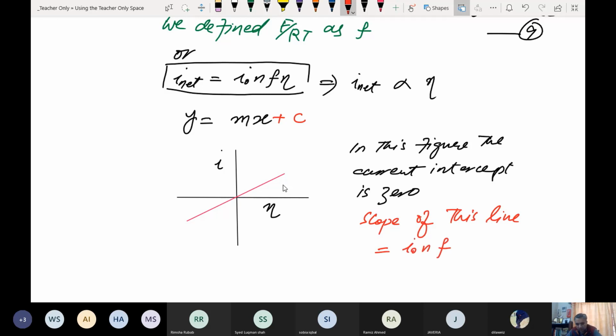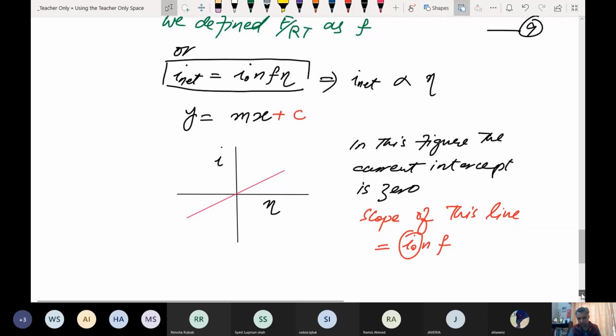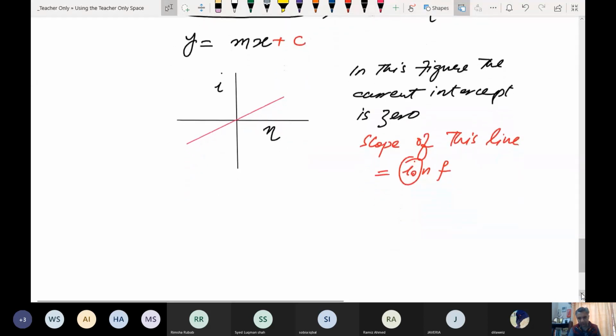You can measure certain values from here, because this is constant and this is also known, so you can measure this value from the slope of this line. So this is the case when the overpotential is small, and it also gives us some important information about certain important concepts or values.